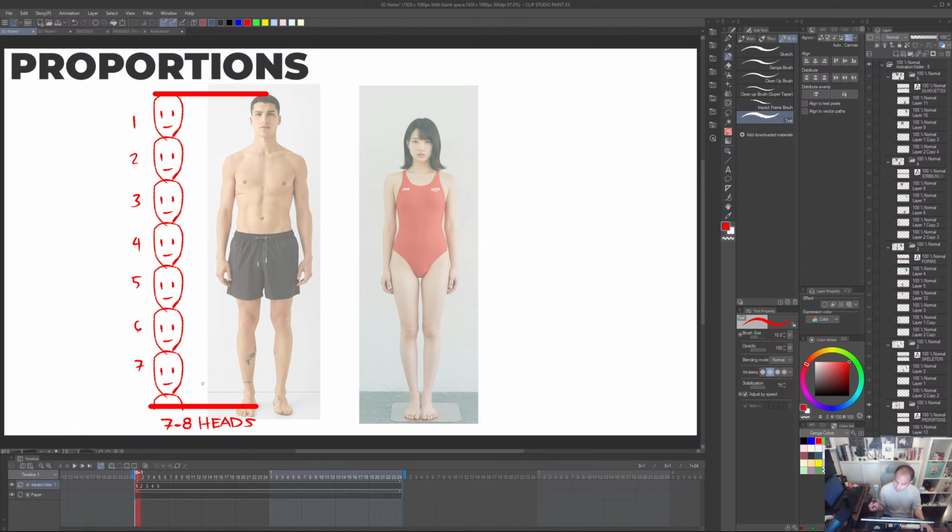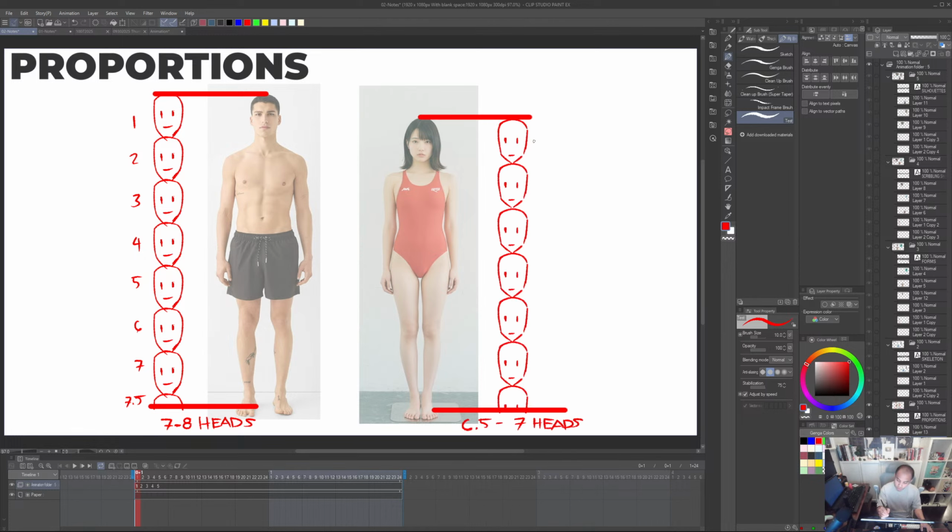And the female characters would have 1, 2, 3, 4, 5, 6 and 6.5 heads. That's the typical proportion, right? Again, it can vary depending on style.